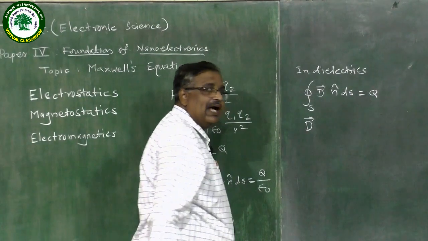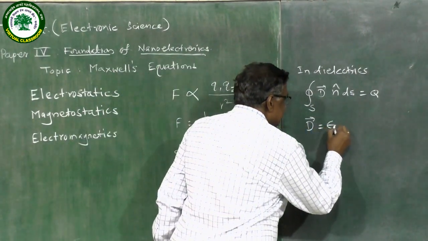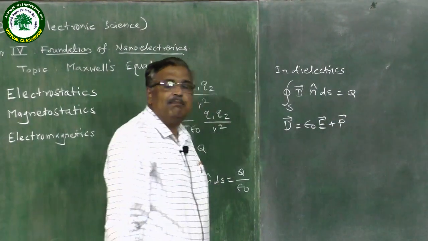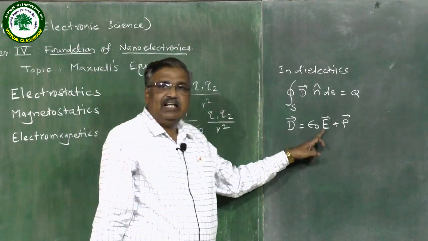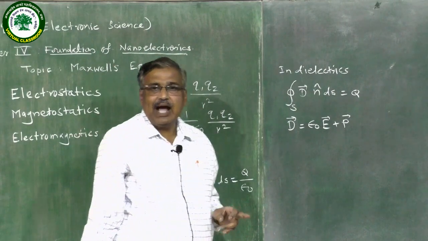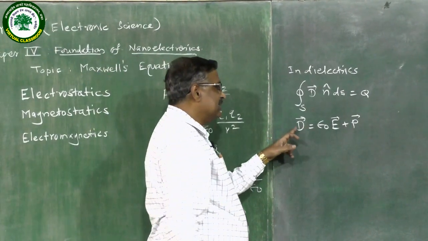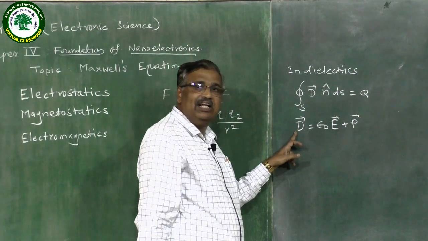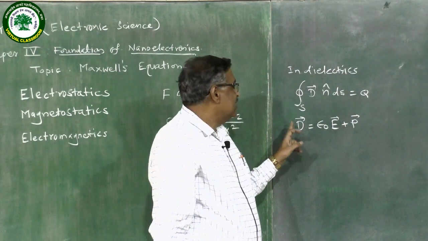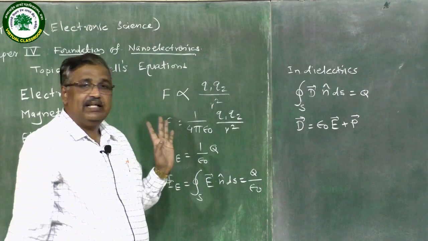This is known as the electric displacement, and this electric displacement vector is given by epsilon 0 E plus P, where epsilon 0 is the permittivity of free space, E is the electric intensity, and P is the polarization, which is defined as dipole moment per unit volume. So there are three vectors, vector D, vector E and vector P, which are related together. This is one of the important laws in electrostatic theory.